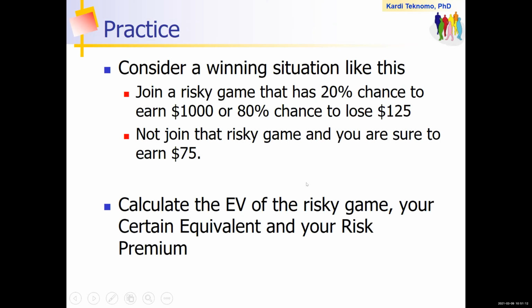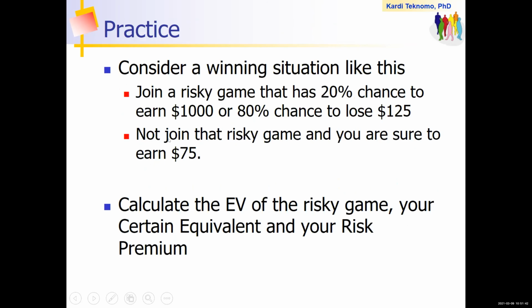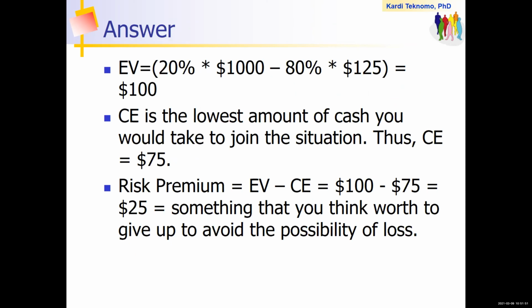So the EV you can calculate: 20% times 1,000 minus 80% times 125, which is 100. The CE in this case is the lowest amount of cash you would like to join in the situation. In this case, CE is 75. Remember, certain equivalent means that you are certain: if not joined, you are sure to earn 75. That is the CE.